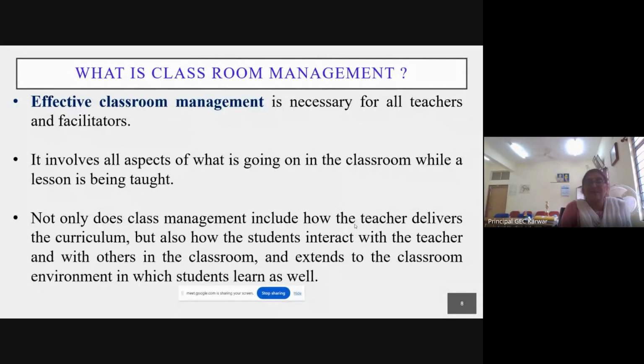Not only does class management include how the teacher delivers the curriculum, but also how students interact with the teachers and with others in the classroom, and it extends to the classroom environment in which students learn as well.